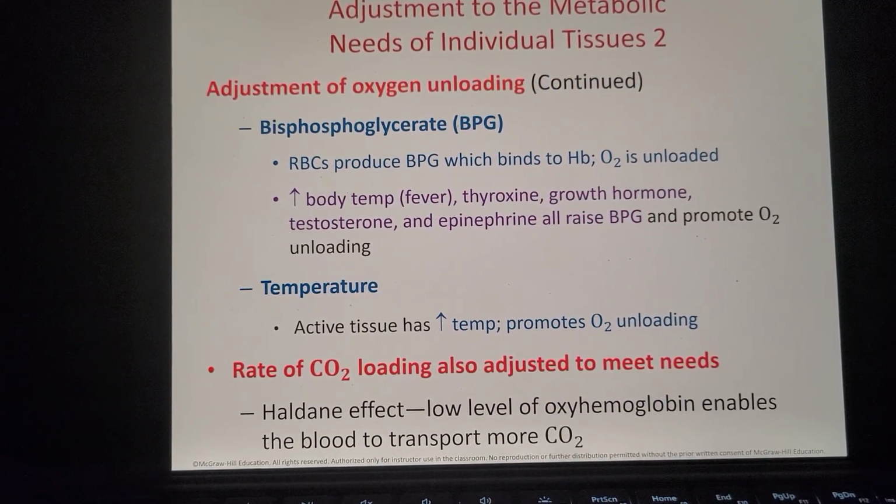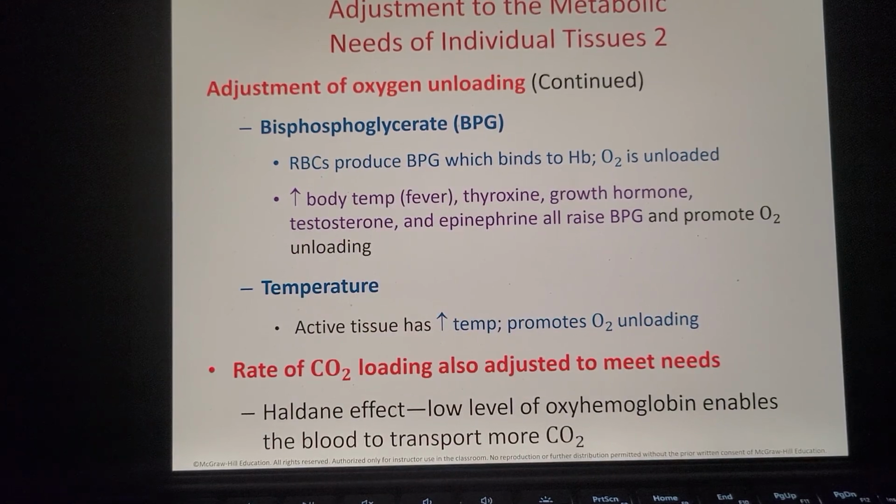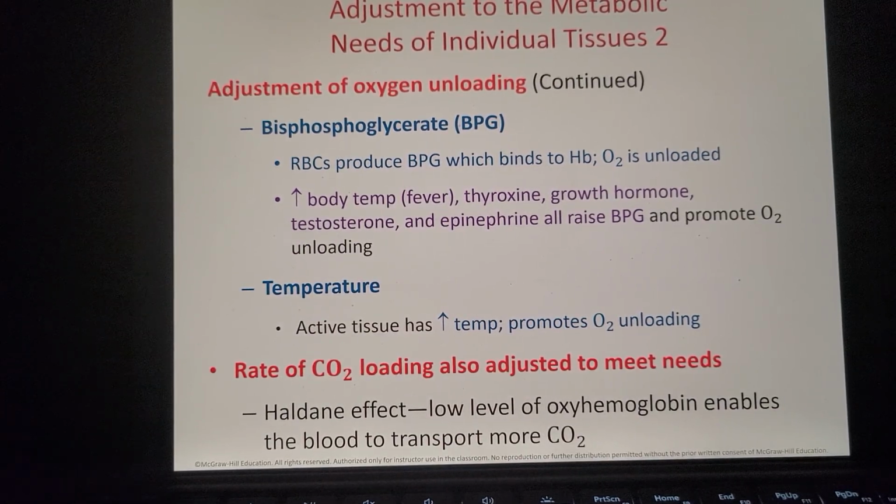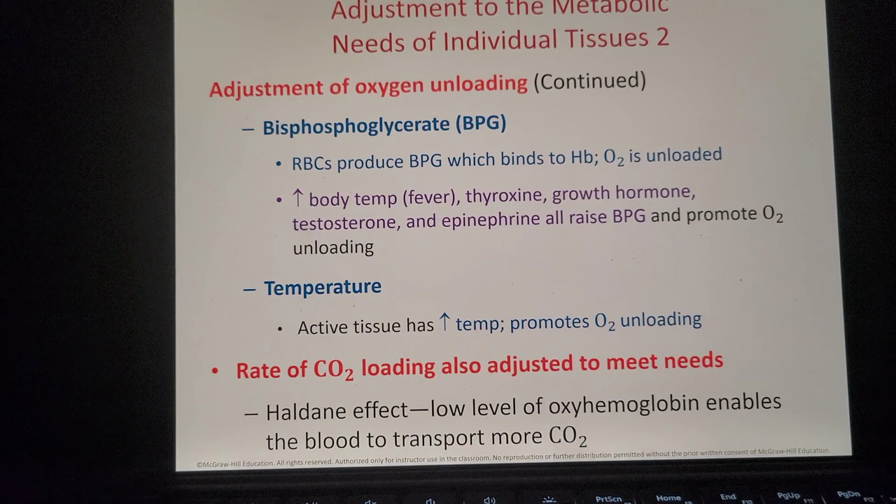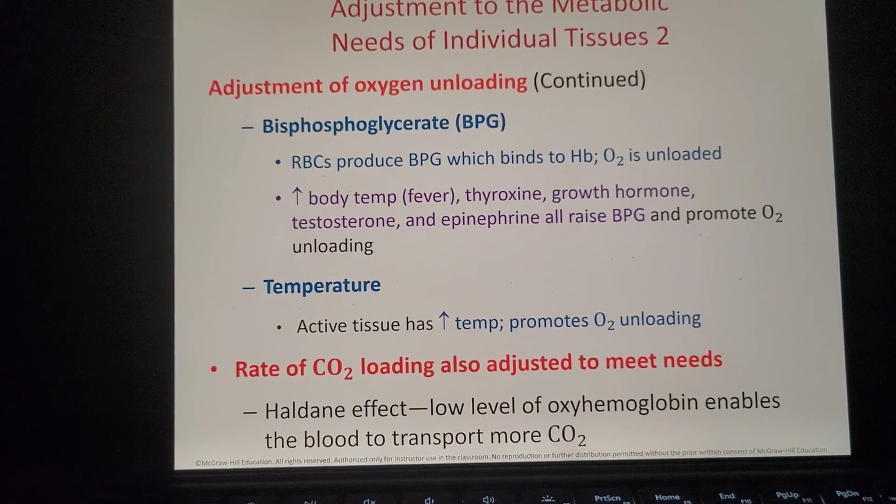Okay, next thing, levels of bisphosphoglycerate or BPG. Your red blood cells produce your BPG, which can also bind to hemoglobin and therefore kick more oxygen off of hemoglobin.